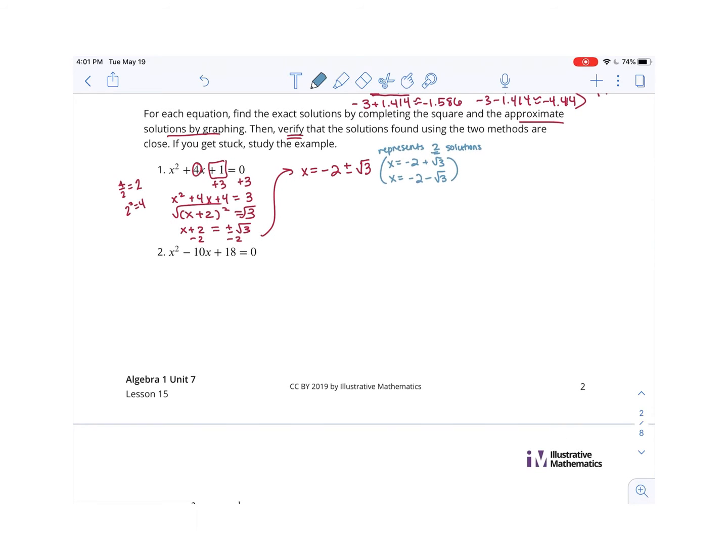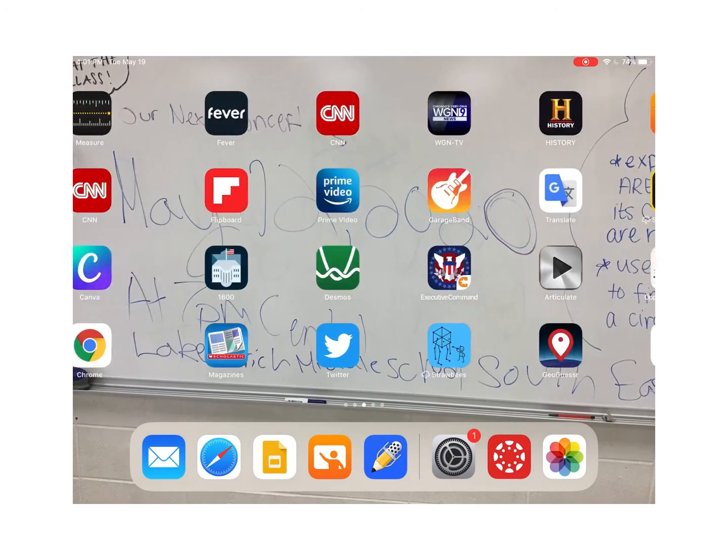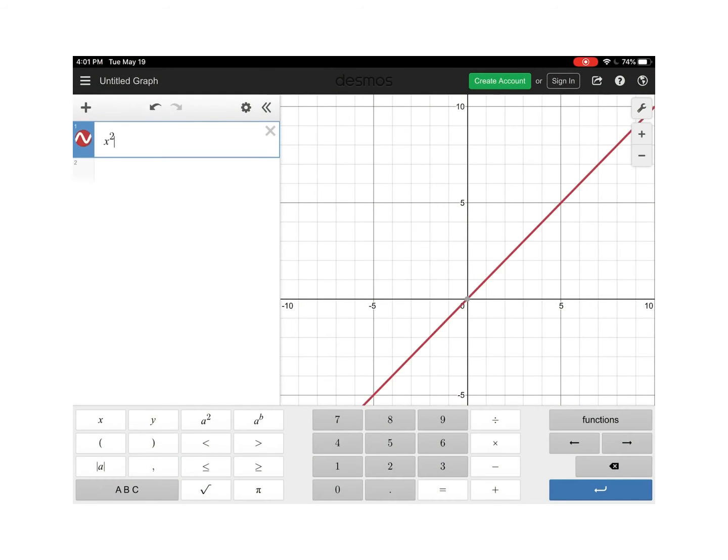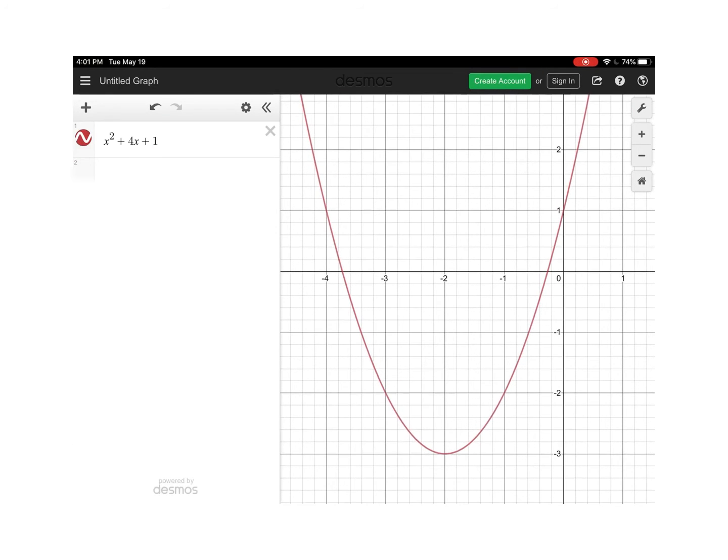Okay, if I go to Desmos and I graph this, I have x squared plus 4x plus 1. And I look at my zeros here, my solutions. I have -3.732.